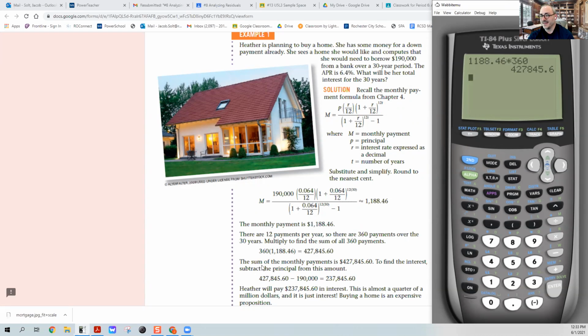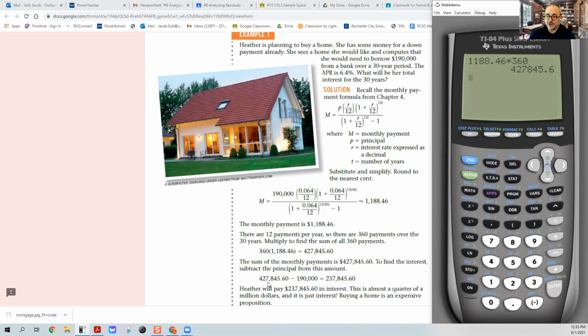Here's how that works. We know she's going to pay $427,845.60. We know the bank only paid $190,000 for the house, right? Which means that the interest Heather pays is how much she pays in total minus the value of the house. Everything else is interest.